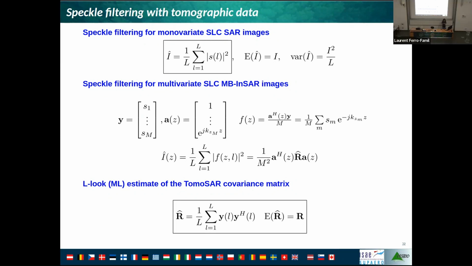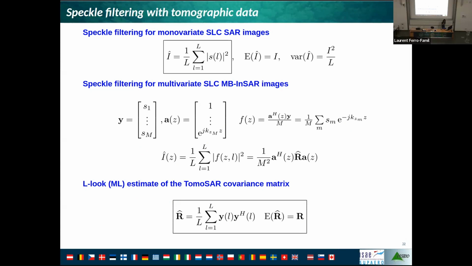The thing is that once you have done this, in fact, you have manipulated the matrix without knowing it. This manipulation here is exactly the same as this one, and we like this one. Why? Because it manipulates a matrix operator which contains all the second order information we need to perform SAR tomography.